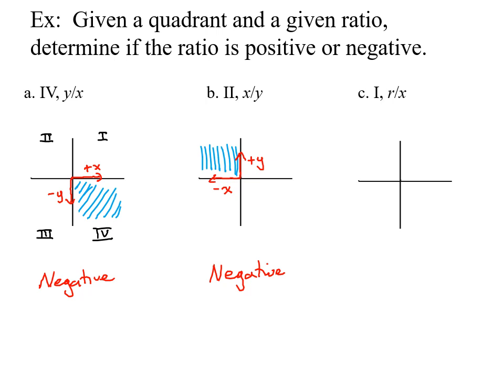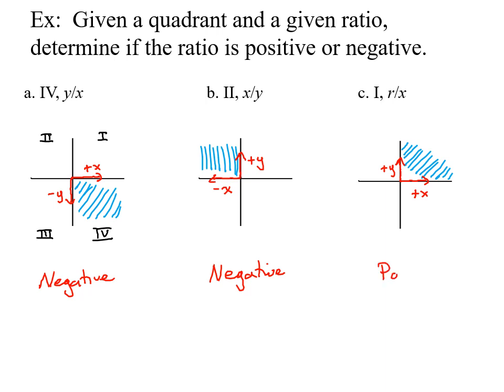And then the last one, if you're starting with quadrant 1, is this angle here. To get into quadrant 1, you have to go positive with the x's, and you have to go positive on the y's. Here, we also have the r thrown in there. We're looking at r over x. But remember, r is always positive. So you have an always positive number divided by x's, which are also positive.